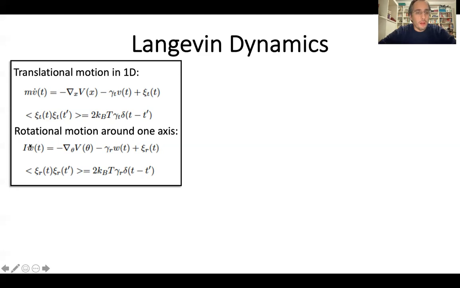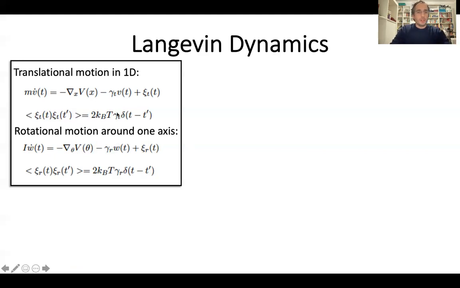And if you have a solid object, not only a point, you'll also have rotational motion around one axis. So you also need to solve the Langevin equation for rotational motion, which is similar, but instead of the velocity, you'll have the angular velocity, and you have torques, and it's the same principle.